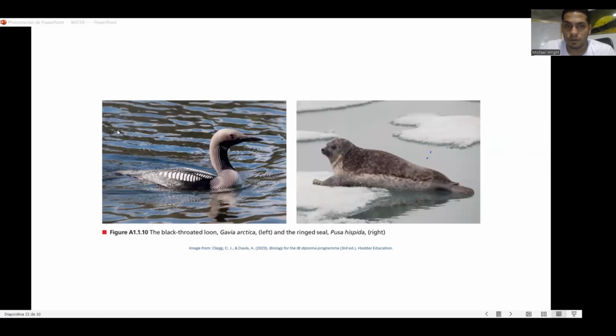So the black-throated loon, known as Gavia arctica, on the left, and the ringed seal, called Pusa hispida, are going to use the water properties to survive in these hostile environments.